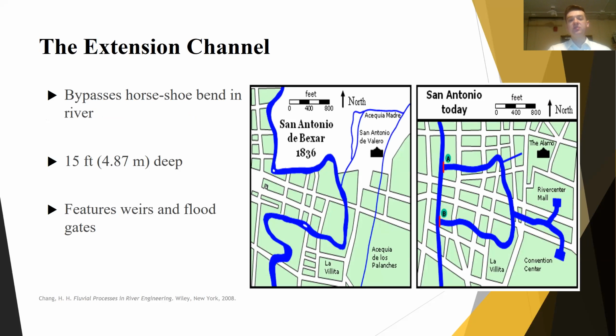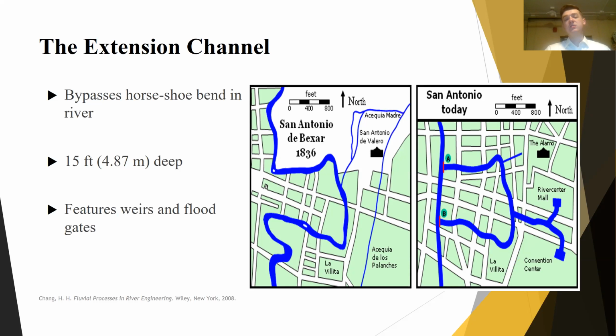The extension channel, you can think of this as the backbone of the flood control system. This is on the side of hydraulic or water resources civil engineering, but it bypassed the Horseshoe Bend in the San Antonio River, running about 15 feet or 4.87 meters deep along the channel. Also, when engineers constructed this, they had to clear lots of debris and use trenchers and drills to excavate the channel.